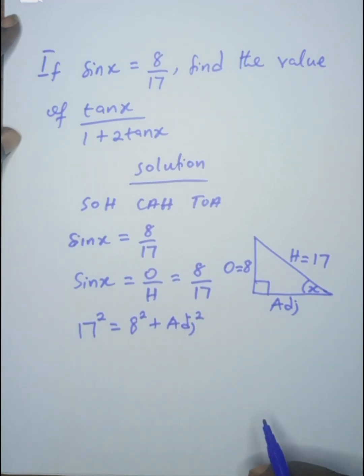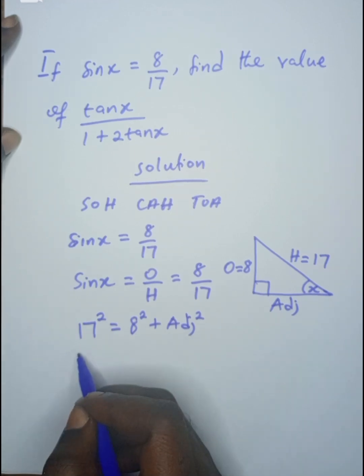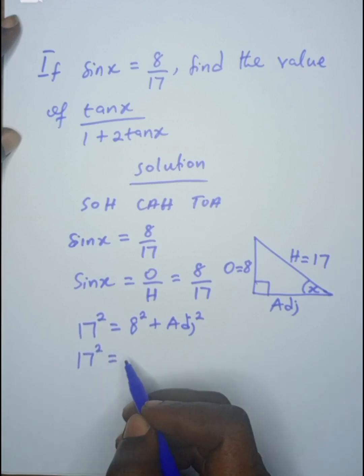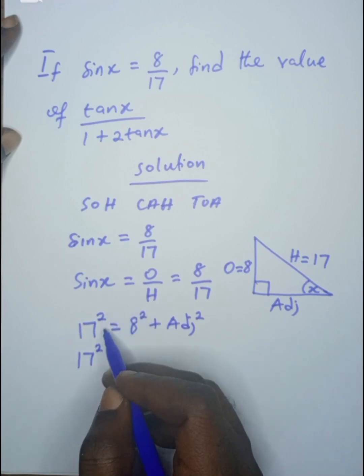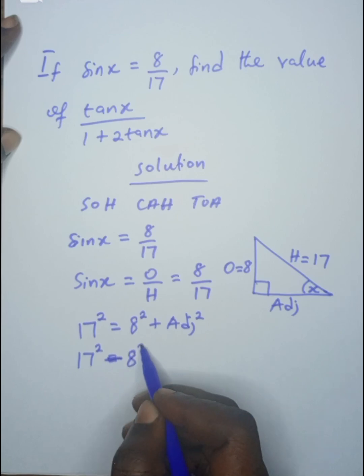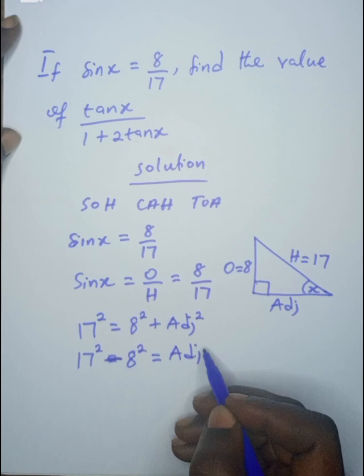That is the Pythagoras theorem. So let us make the adjacent square the subject. So we have 17 square is equal to, minus, let me bring the 8 square to the left hand side. So minus 8 square, which is equal to adjacent square.